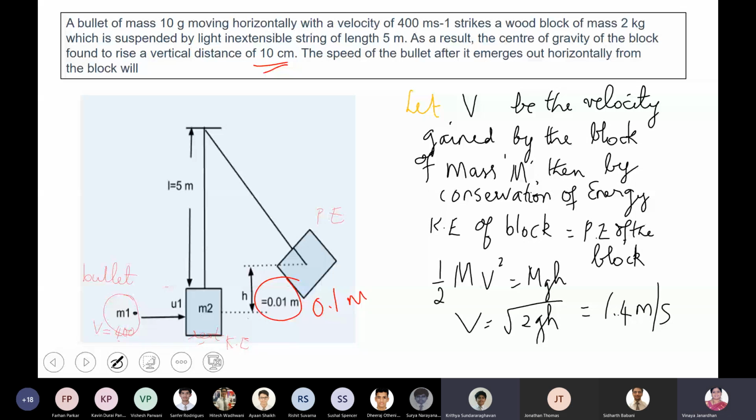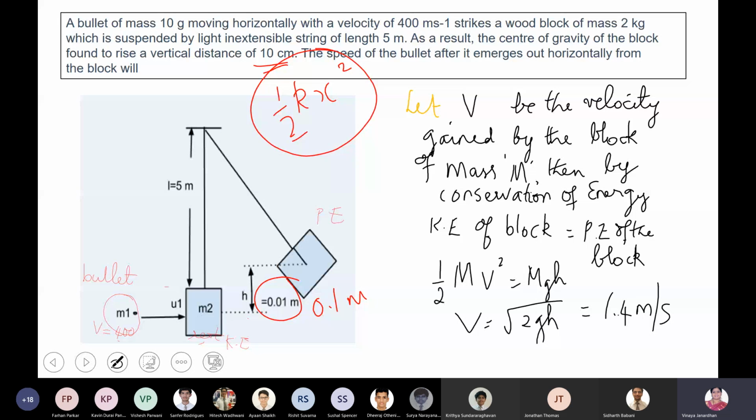Ma'am, is there a formula to find the potential energy of a spring? For a spring it is half kx squared. K will be your spring constant, x will be your displacement. That is your elastic potential energy, boys. When you are talking about springs, that will be elastic potential energy.